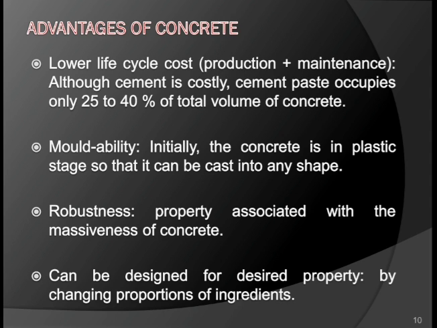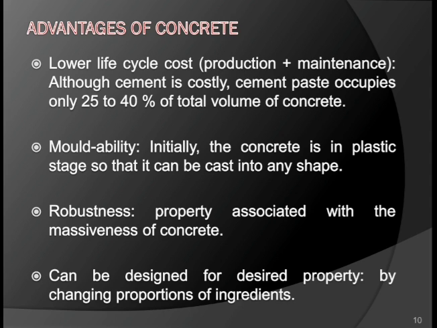And last, it can be designed for desired property by changing the proportion of the ingredients. Like if we want to plaster a building for surface smoothing, change the proportion, eliminate aggregate, and that particular concrete is known as mortar, but it's nothing but concrete. Then for construction of beam and column, add aggregate, then it is also concrete.